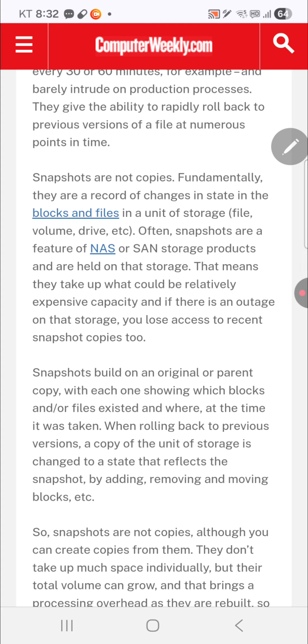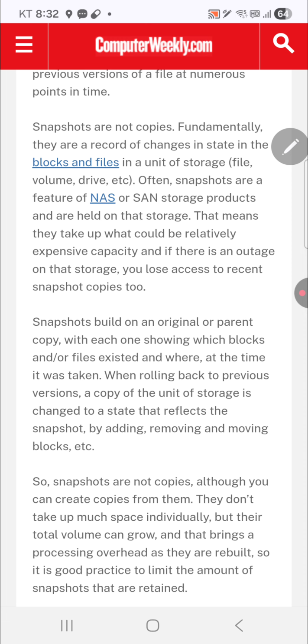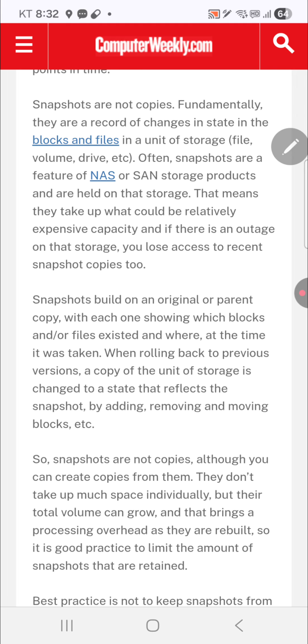Often snapshots are a feature of NAS or SAN storage products and are held on that storage. That means they take up what could be relatively expensive capacity, and if there is an outage on that storage, you lose access to recent snapshot copies too.